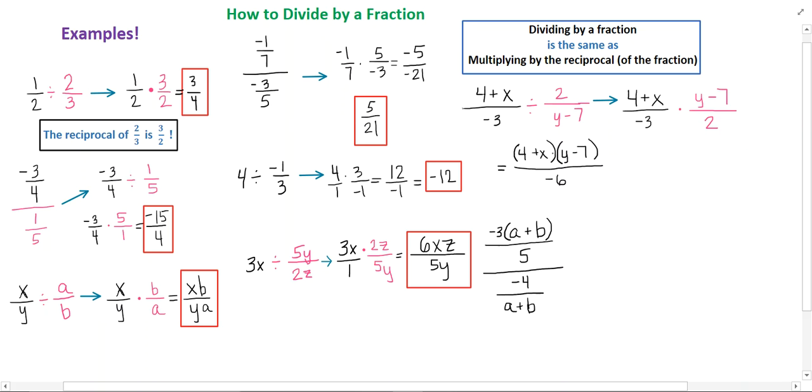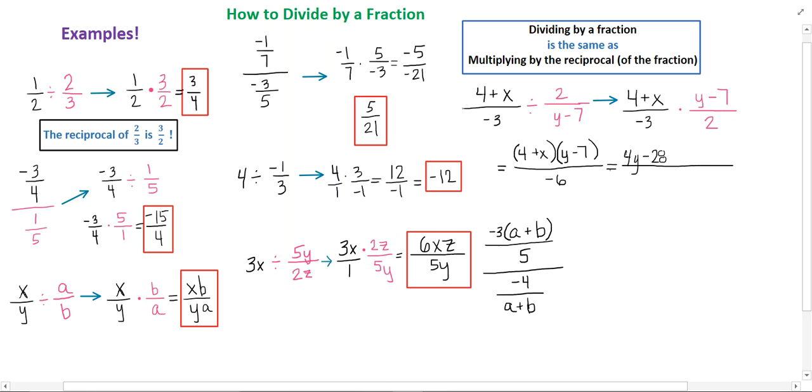The top, though, could also be multiplied out, and to do that, since we have two binomials, we would use the FOIL method. And if you don't remember what that is, I do have a couple of videos on how to FOIL. So we're going to multiply the first two terms, 4 times y, so we get 4y, and then the outside terms, 4 times negative 7, so that's minus 28.